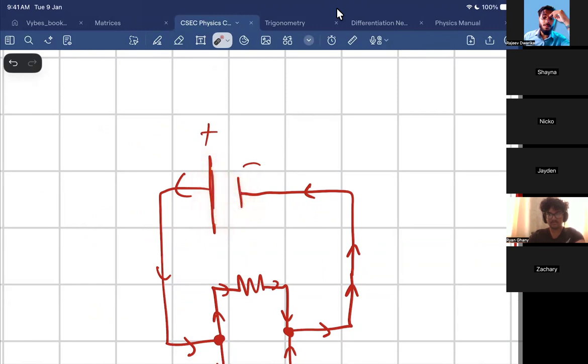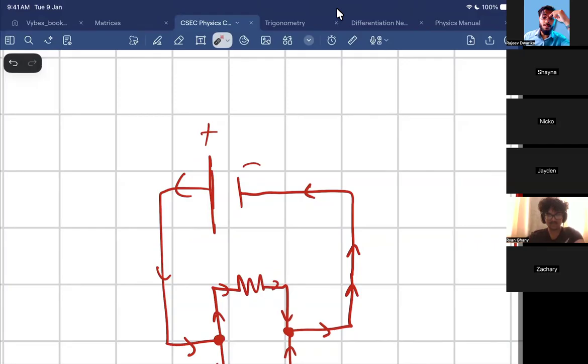So if you want to measure voltage, you need to measure the difference across how many points? 2 points, right? Again, potential difference.